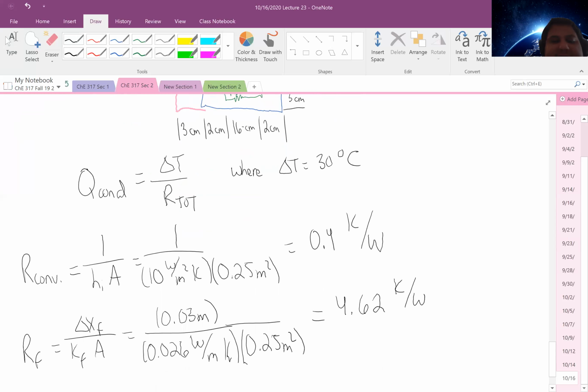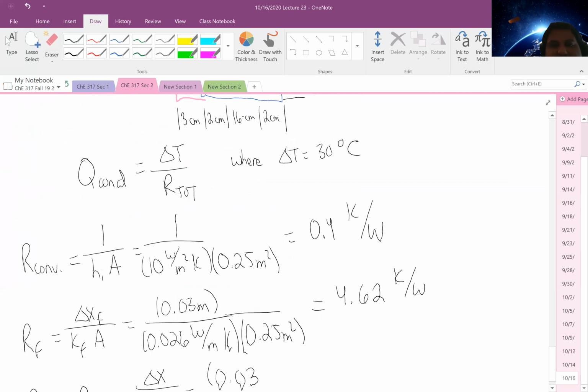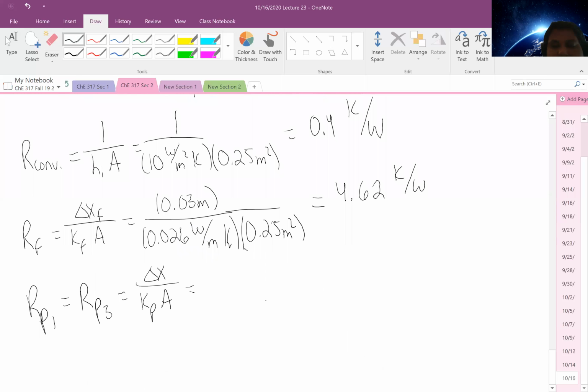So each of these layers is delta X over K plaster times A, or 2 centimeters, excuse me, divided by the thermal conductivity of the plaster, which is 0.22 watts per meter Kelvin, divided by the area of 0.25.